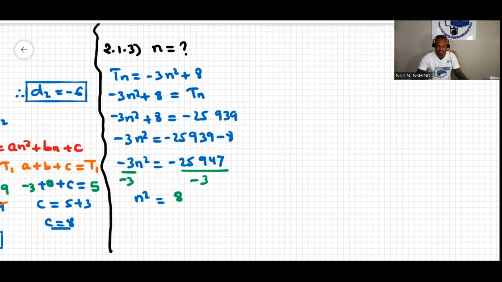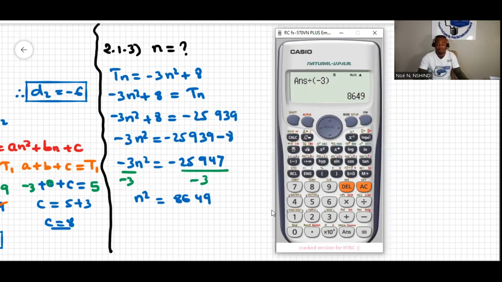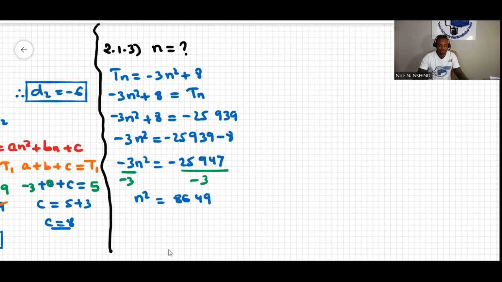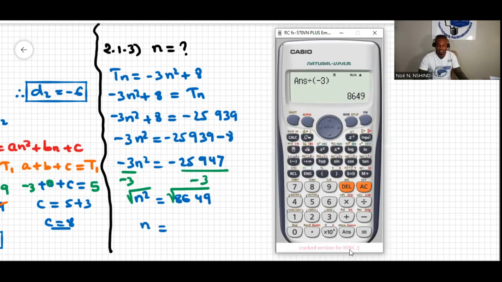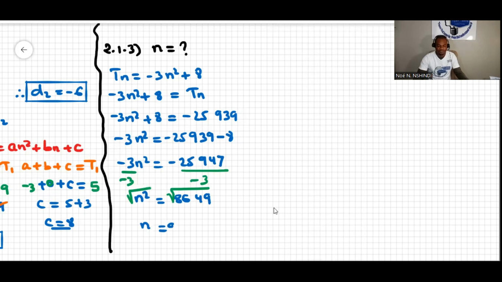Now we have 8649, which is n squared. Now if I need to find n, I just square root both sides. That makes n equal to the square root of 8649, which is 93.